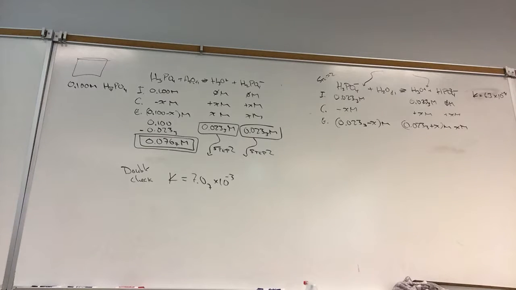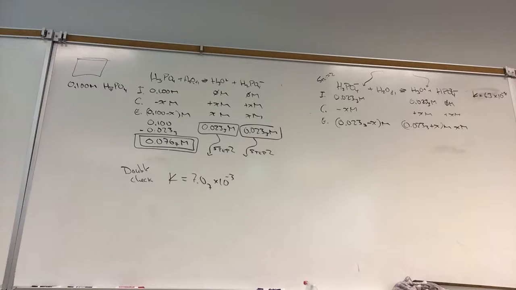So let's just go ahead and try it. If I try the simplifying assumption, I'm going to get 0.0233 plus x, which is going to be 0.0233. 0.0233 minus x will be 0.0233 times x. And therefore, x is equal to 6.3 times 10 to the minus 8.